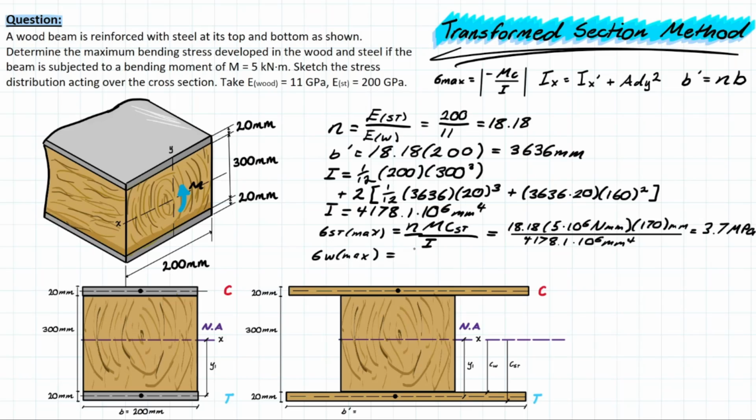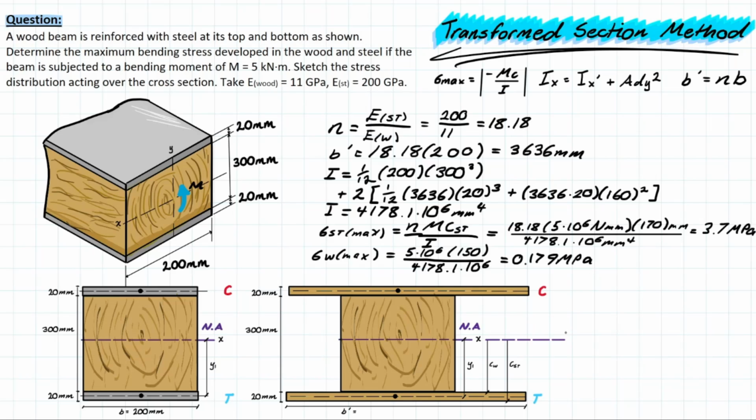So we have this simple plugging, once again, as 5 times 10 to the 6. We have the distance away, which is half of 300, which is 150 for the wood. And that's all over 4178.1 times 10 to the 6. And solving for that, we're going to be left with 0.179 MPa.